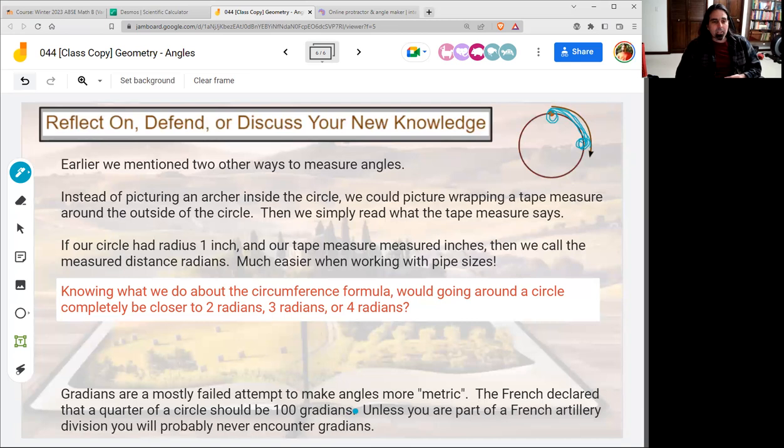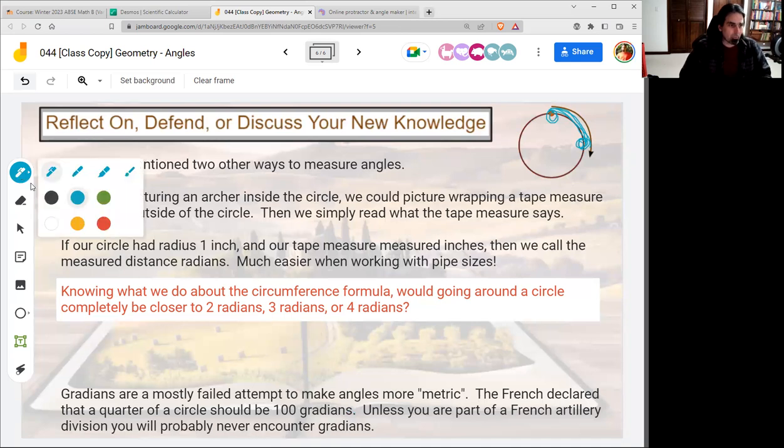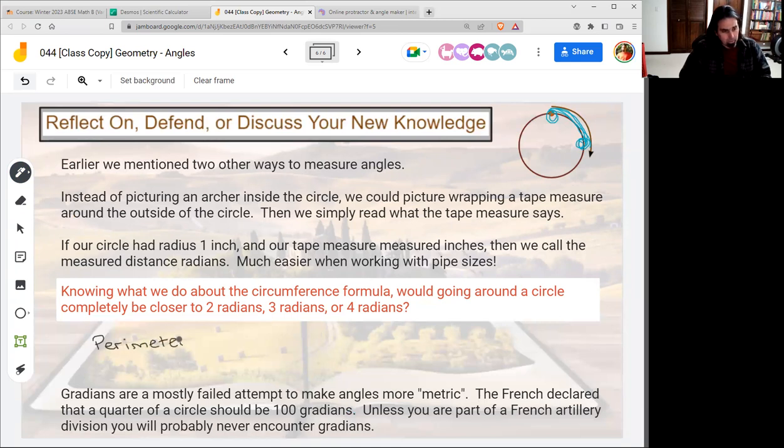So we just did a thing about circle perimeter. Remember that the perimeter around a circle was pi times the width of the circle.